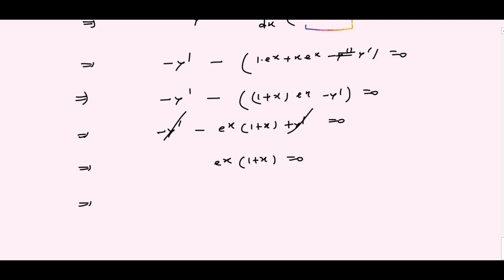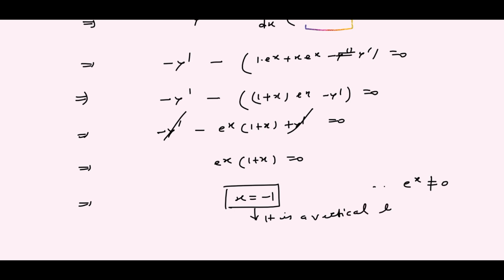You can see e to the power of x is always a non-zero quantity, so we will get x is equal to negative 1. But it is a line. It is a vertical line, not a curve.